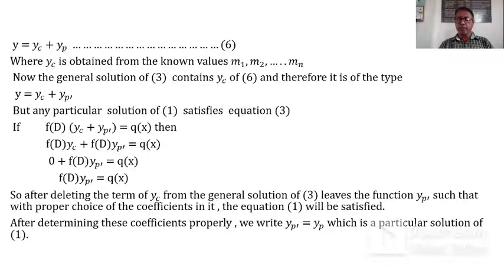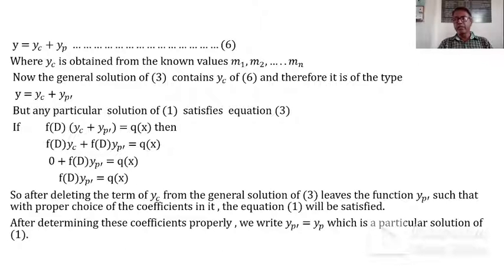Suppose this right hand side q(x) is the solution of g(D)y = 0. Then by using this operator g(D) on the given equation 1, we convert this non-homogeneous linear differential equation into a homogeneous differential equation, and then we apply this method.